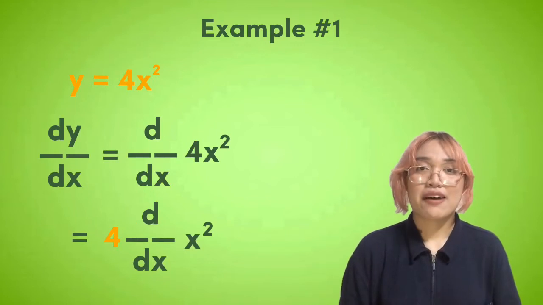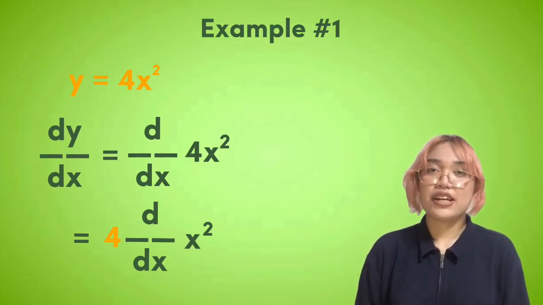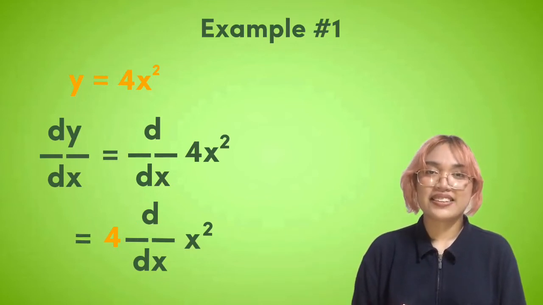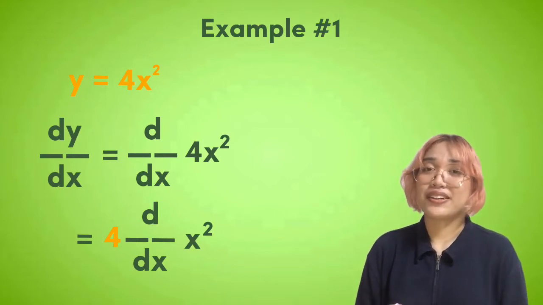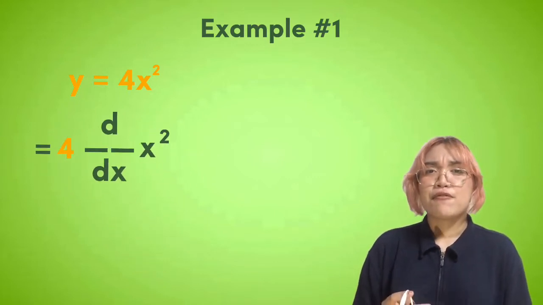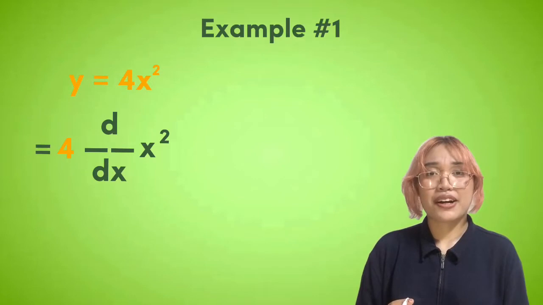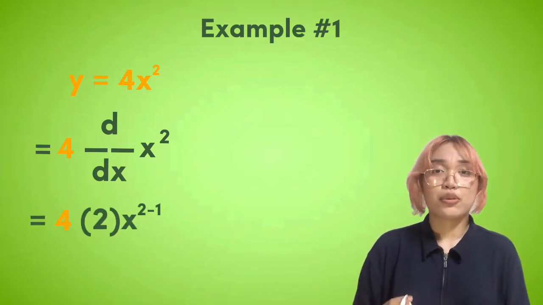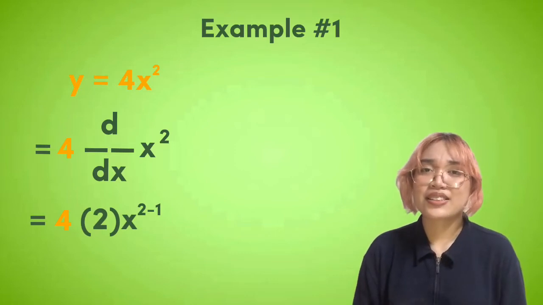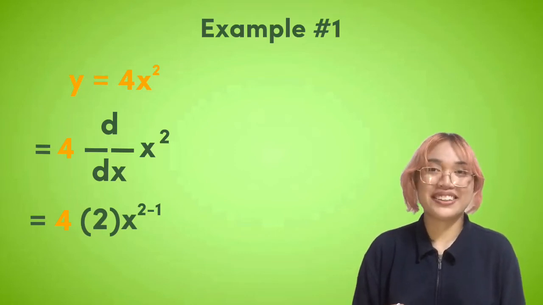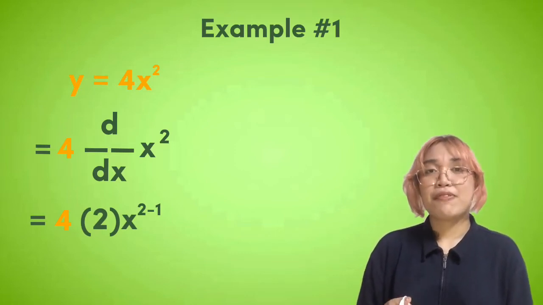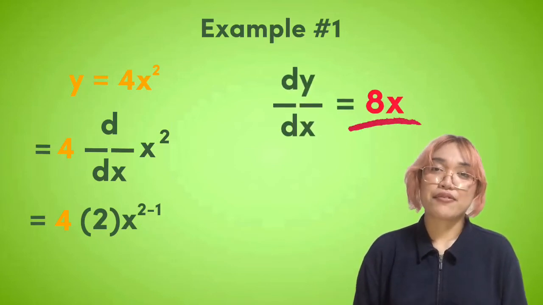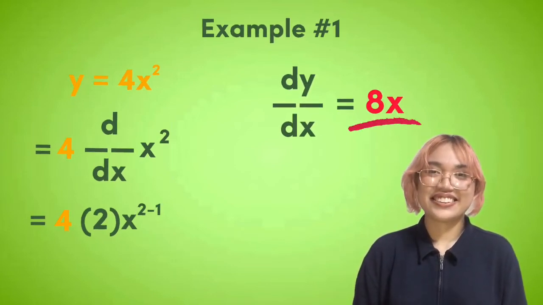Now, we have 4, derivative with respect to x, then write down the x squared. Finding the derivative of x squared, we have to copy 4 first, multiply it by 2, write down x raised to 2 minus 1. Simplifying it all together, now we have 8x.